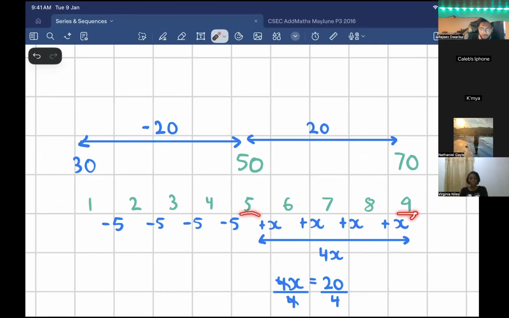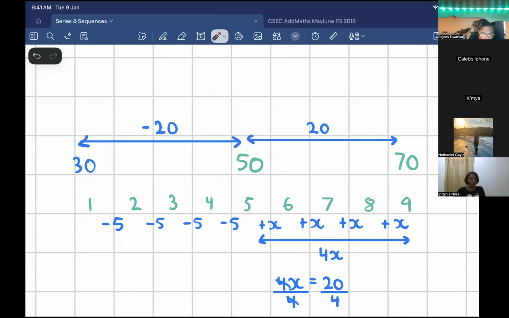So I would have had to add 4 x's. So 20 is equal to 4x, x is 5. Easy. The difference between 1 and 5 is what? 4. I take away 5 every time, so 4 times minus 5 is minus 20. Minus 20 from 50 is 30.